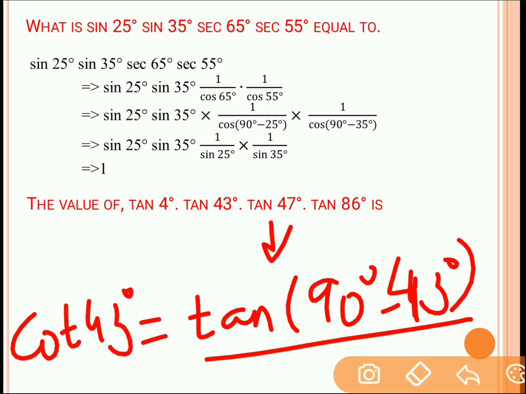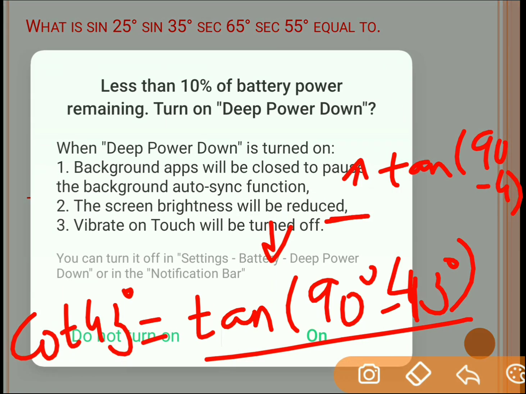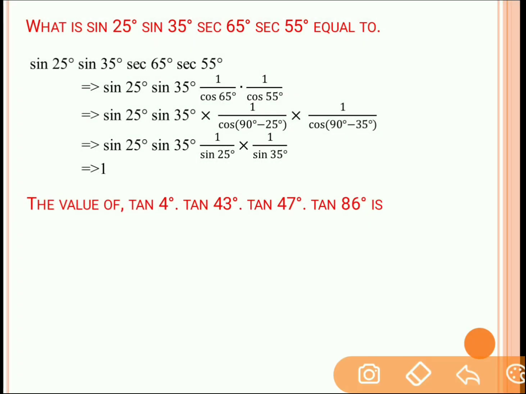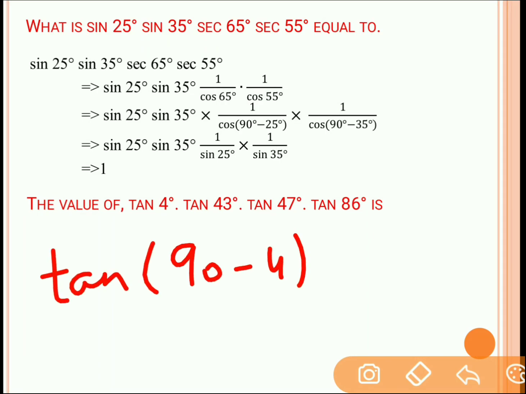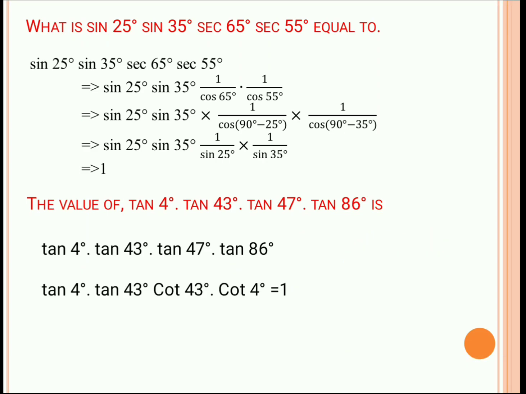Similarly, tan 86 can be written as tan (90 minus 4 degree), and tan (90 minus 4 degree) is equal to cot 4 degree. So substituting the complementary functions here, we get tan 4 into tan 43 into cot 43 into cot 4.